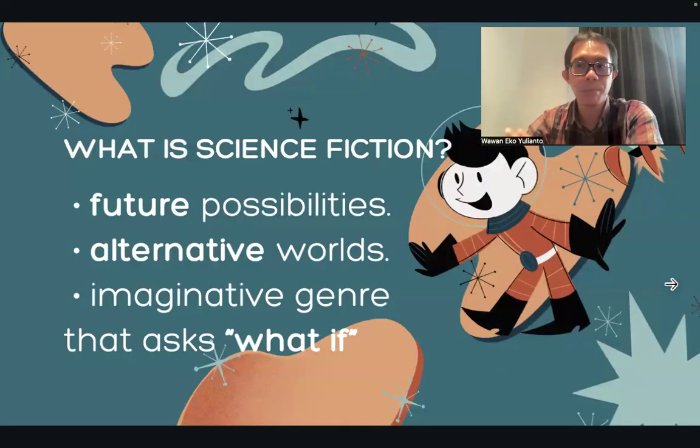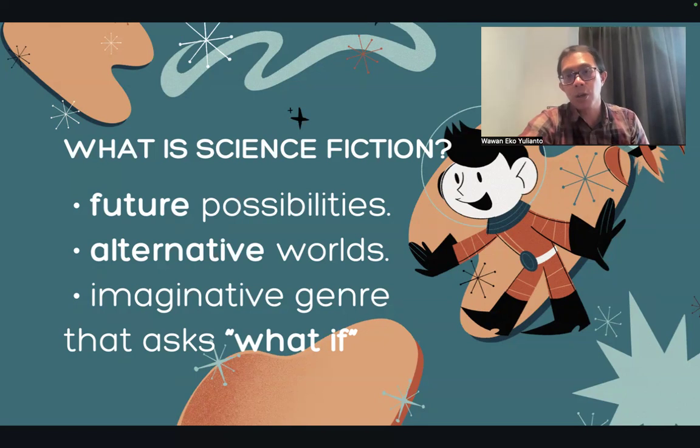Science fiction is an imaginative genre that usually offers exploration of future possibilities. It's about life in the future, life 200 years from now, and so on. And sometimes it also offers a picture or a description of an alternative world. Sometimes it's an alternative universe, like the one that you have in Doctor Strange, for example.